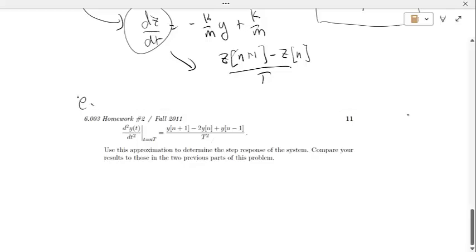Okay, so what you want to do is you'll get a difference equation relating y and x.